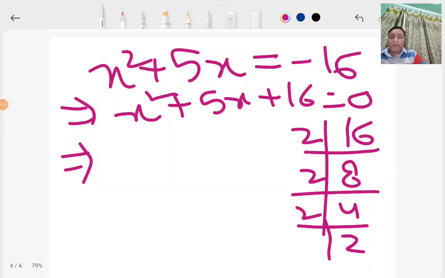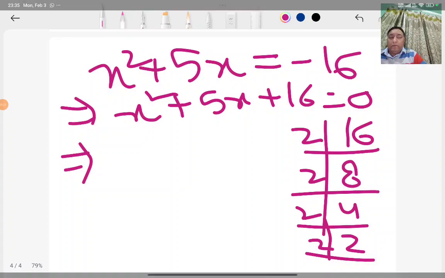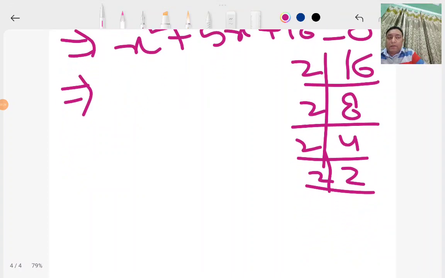In any case, we will not be able to find factors that give 5 with this.